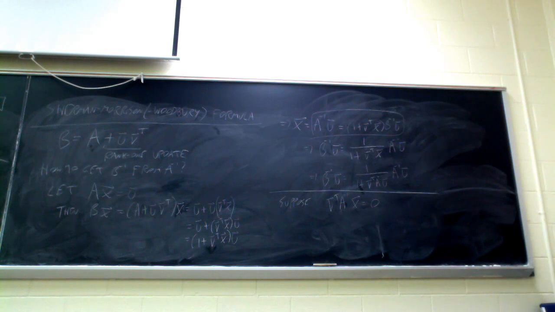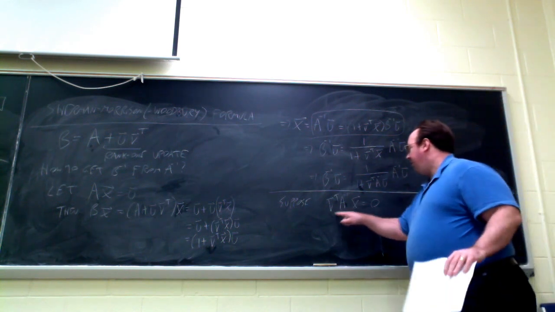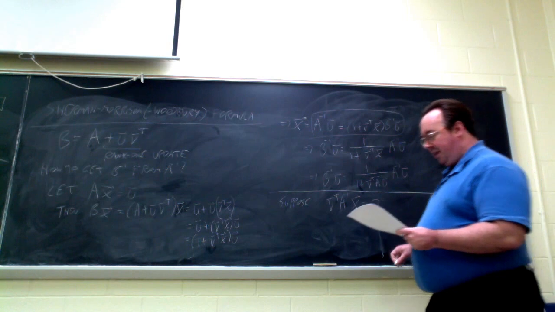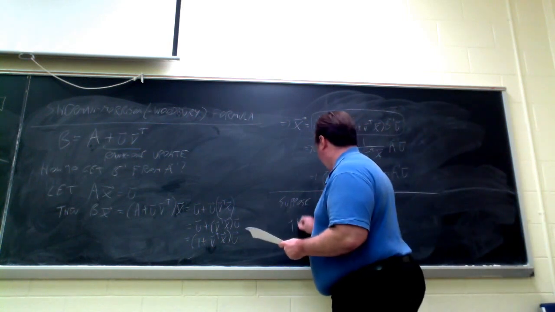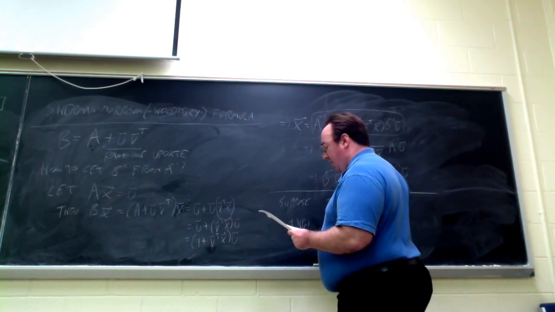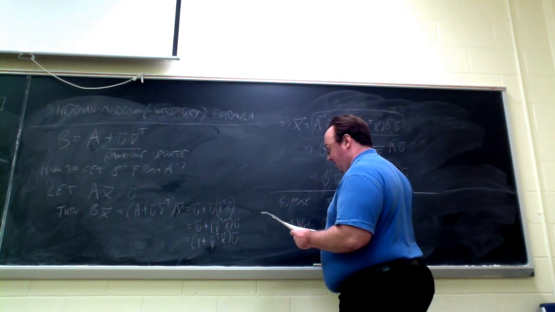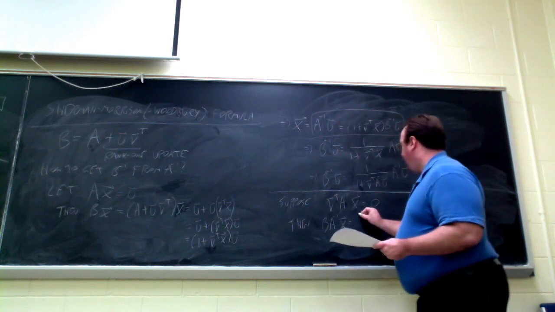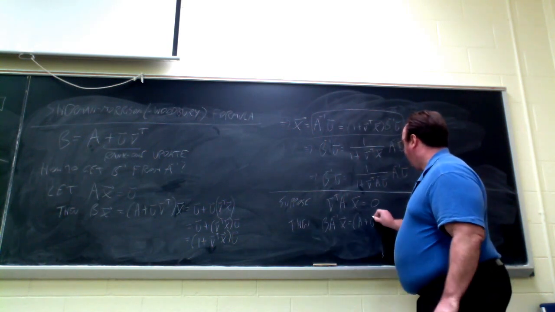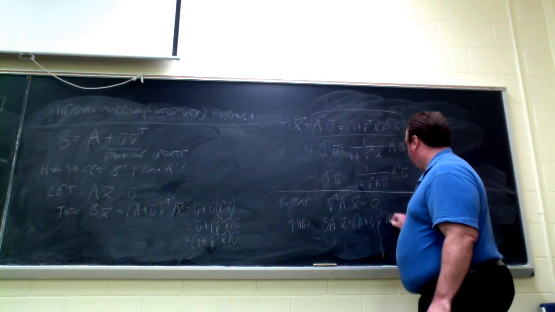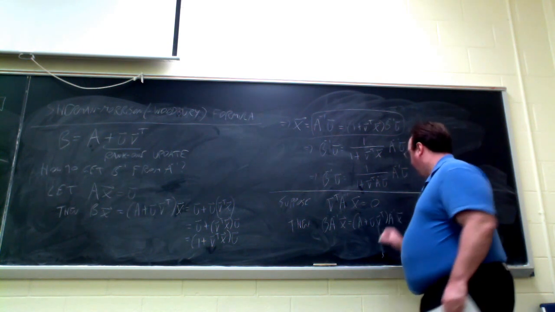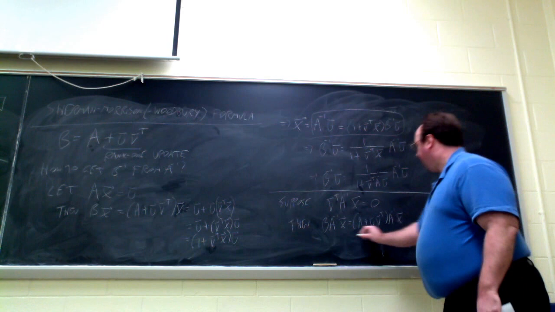So if this is the case, then if I compute B A inverse X, well, B is equal to A plus UV transpose. And then I multiply this out.